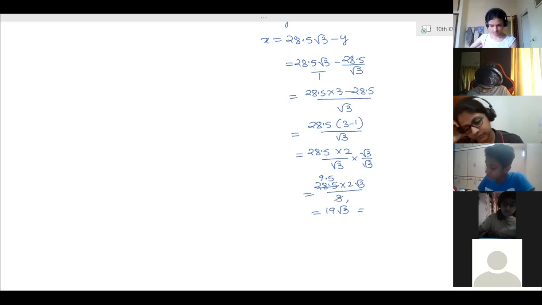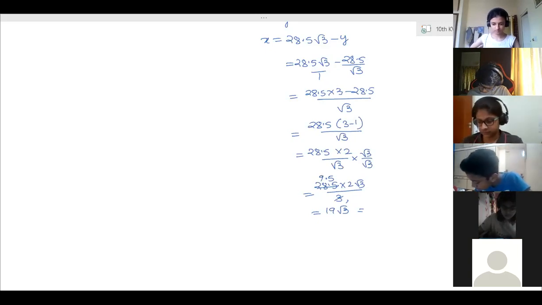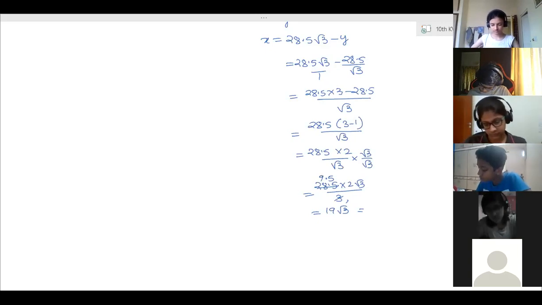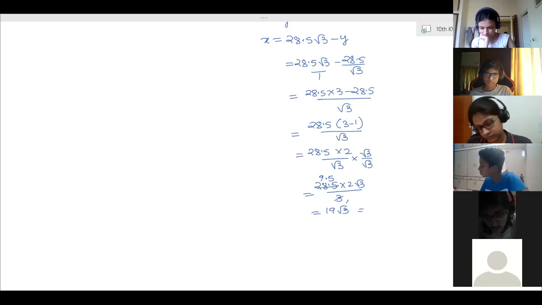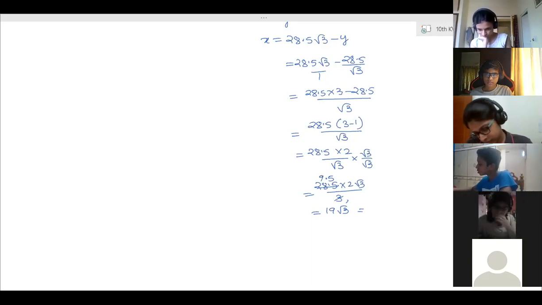Continue the sixth. Revati, done? Ma'am, do we have to write it in terms of 1.73? Yes, right. You have to multiply and write. The root 3 value you have to substitute every time.